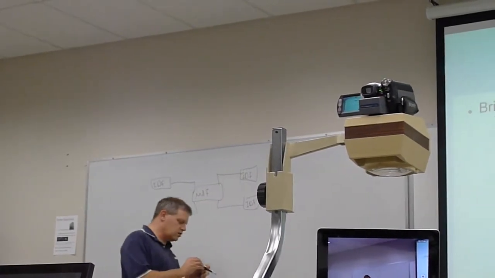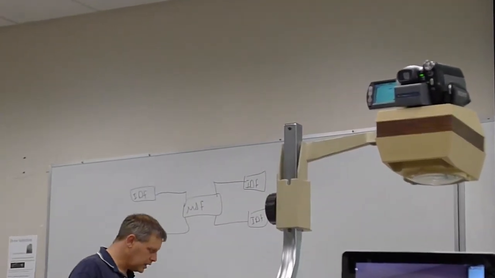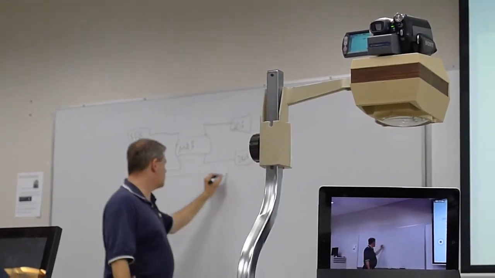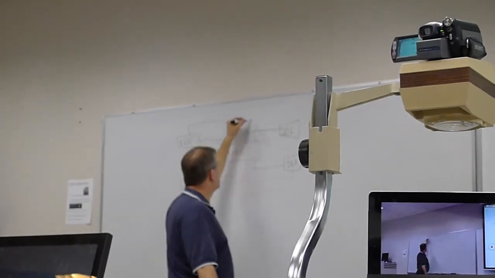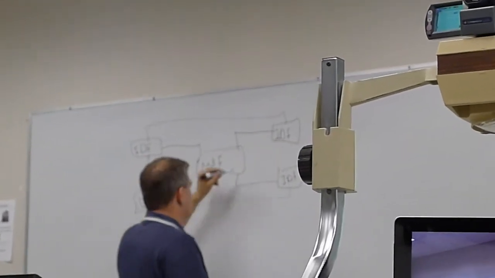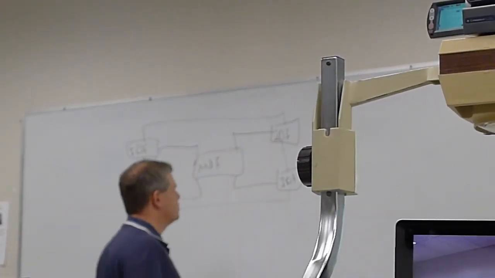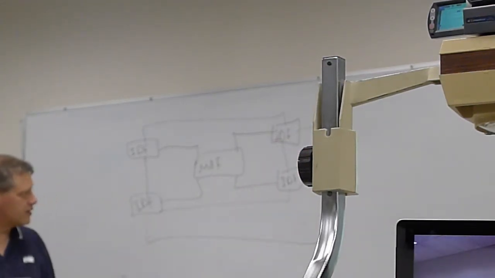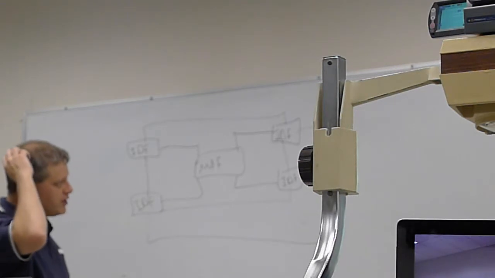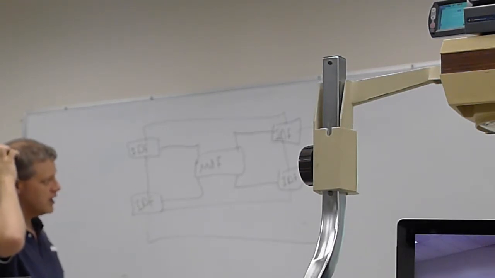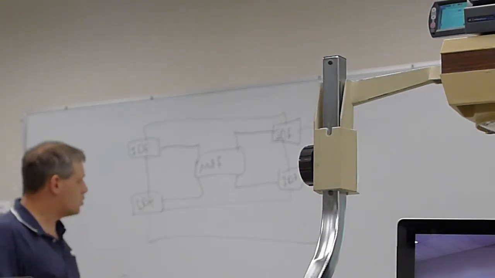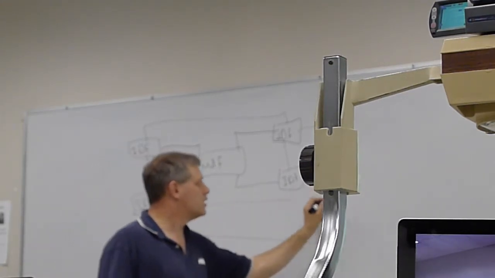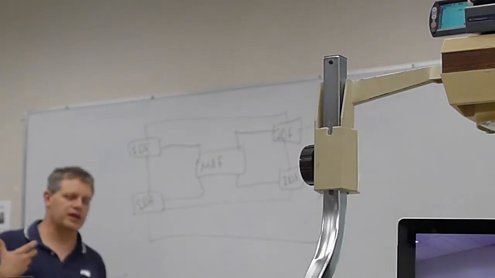What BPDU guard will do is, if I have other things going across here and I get really crazy with my network and I start linking things together, spanning tree will work with BPDU guard and help block different links when they come up.